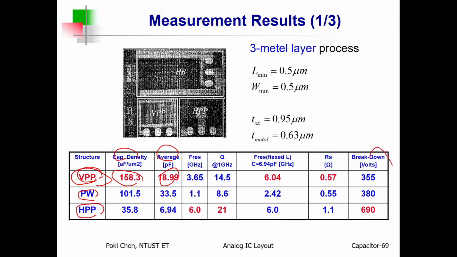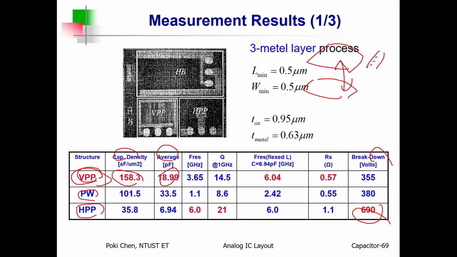The only trouble maybe the breakdown voltage. The breakdown voltage for HVP is higher than VPP. Why? Because the gap, the spacing between the 2 plates, actually they are larger than the horizontal spacing, right?